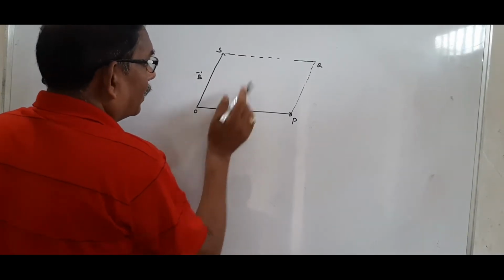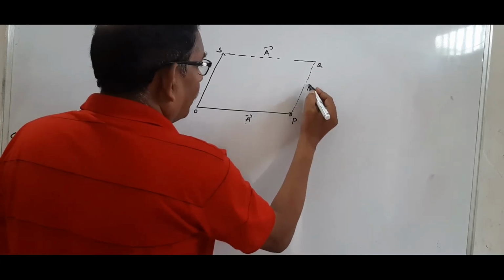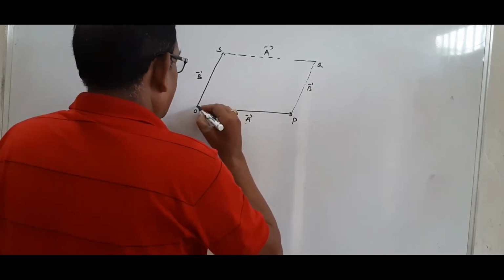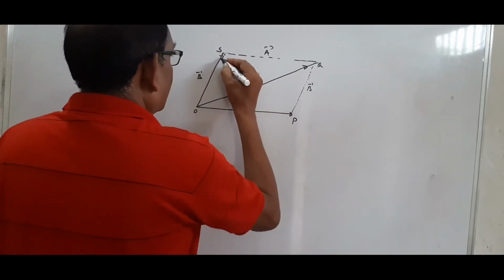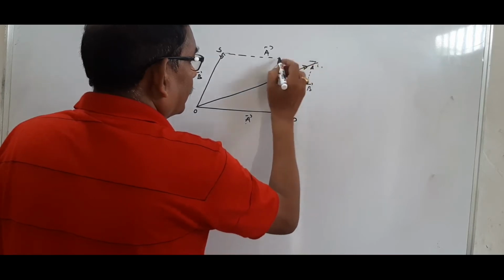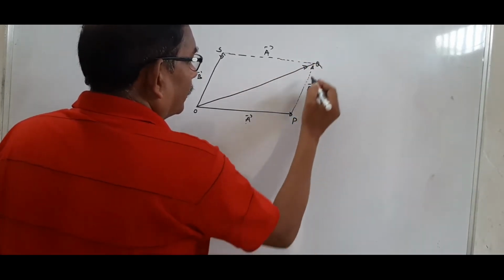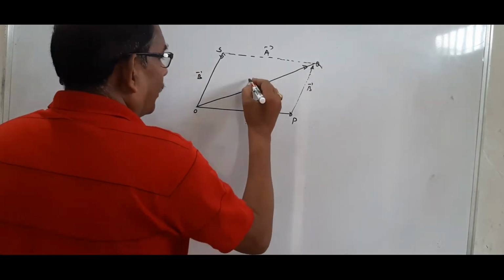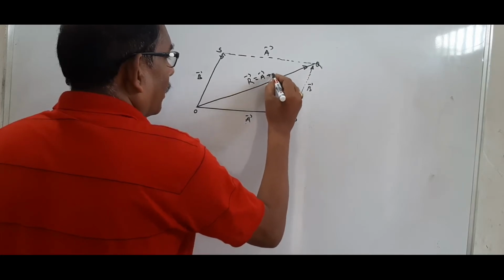It is equal to vector A. So it is also equal to vector B. Join OQ. The diagonal gives you the resultant R is equal to A plus B.